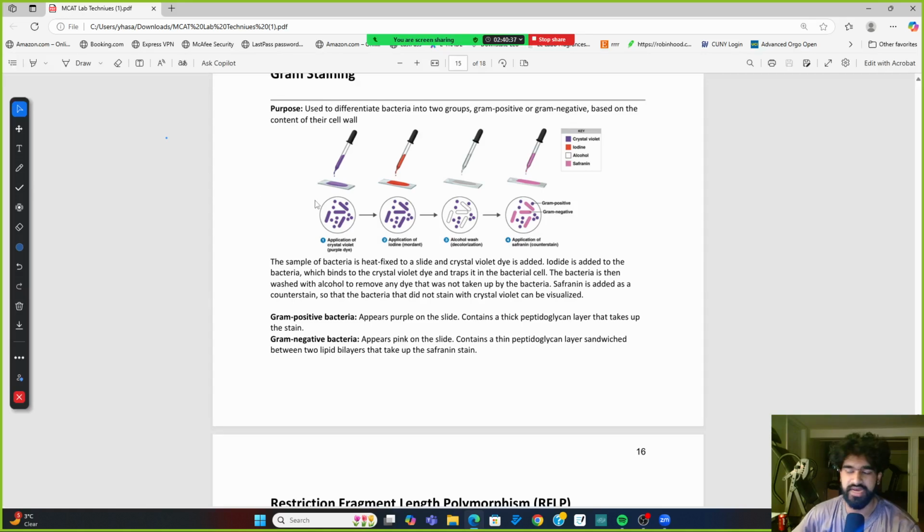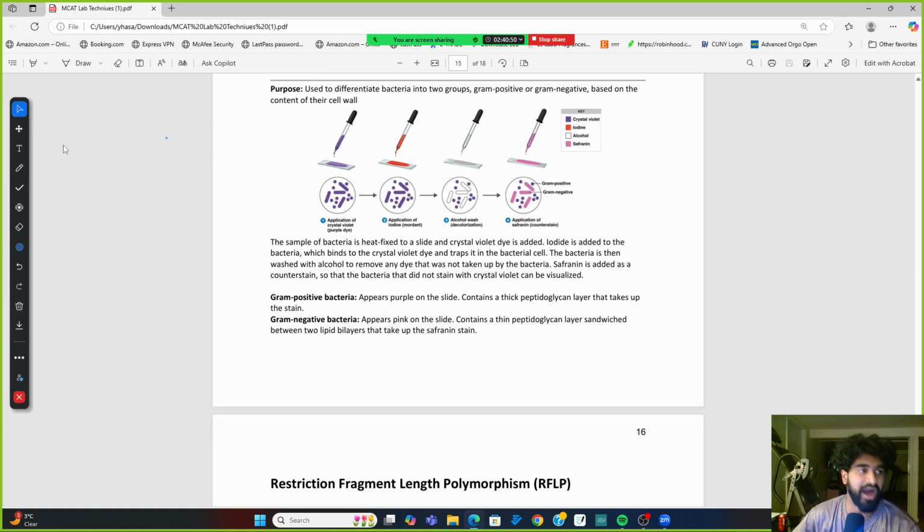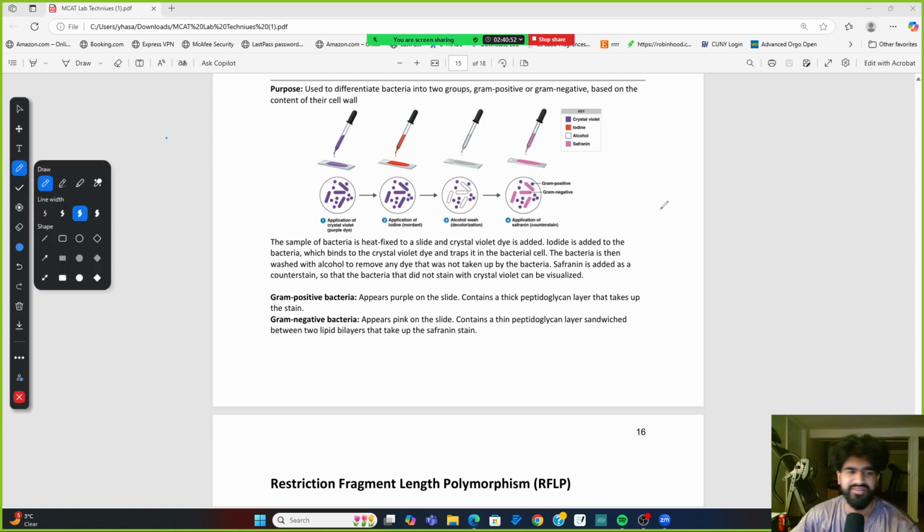Gram staining, guys, what color are gram-negative bacteria? Pink. What color are gram-positive bacteria? Purple. Very good. That's all you need to know. And oh, wait, why? Peptidoglycan wall.